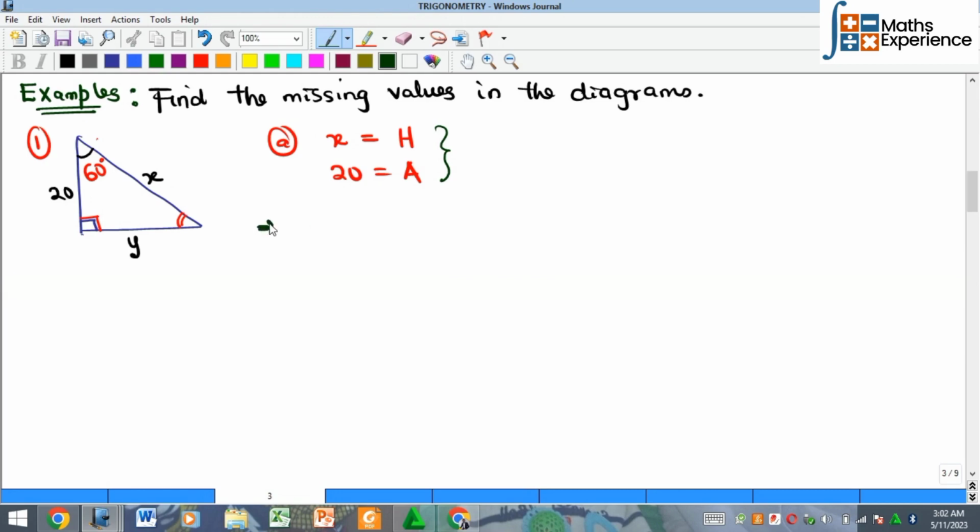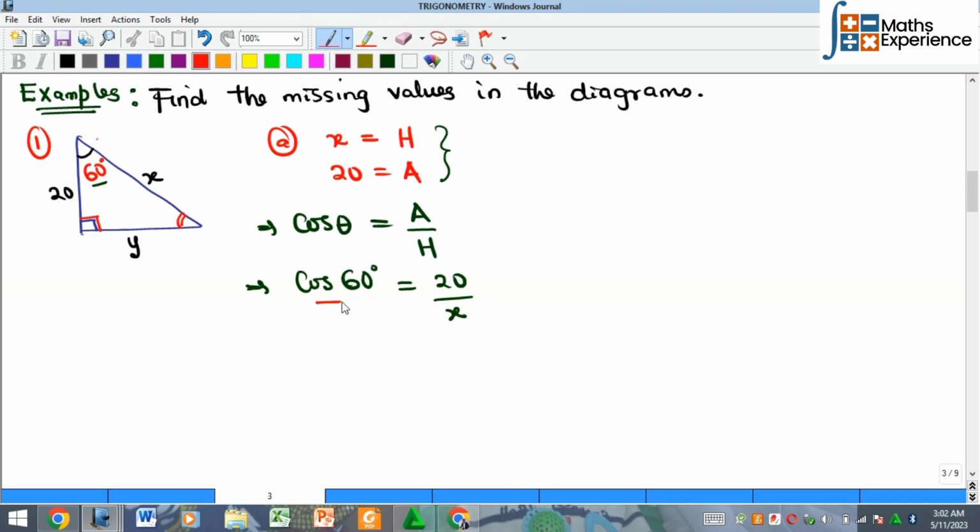And so if I use the trig ratio cos of theta, which is equal to adjacent all over hypotenuse, and then make substitutions, it means that the cos of the angle, which is 60 as given here, is going to be equal to the adjacent, which is 20, all over the hypotenuse, which is x. And they are asking me to find x.